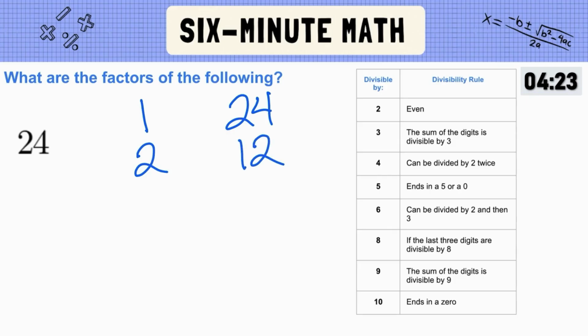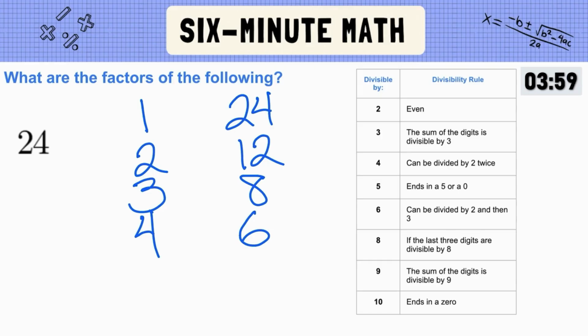Well, that would be 2 times 12. The sum of my digits is divisible by 3, so I know that 3 is a factor, and 3 times 8 is 24. I also know that 24 can be divided by 2 twice, therefore making 4 a factor, and that matches up with 6.